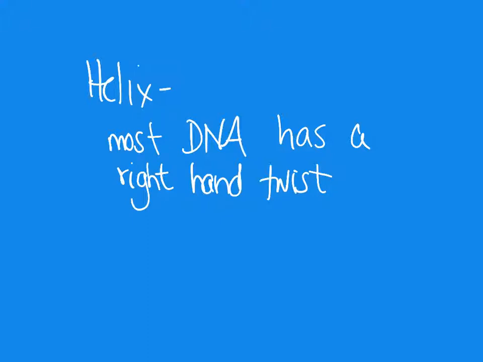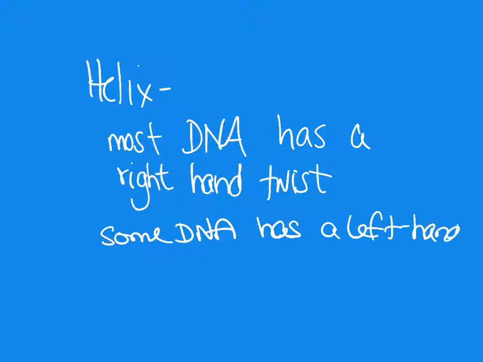And I'll show you what that means. So most DNA is going to have a right-hand twist. Some DNA has a left-hand twist. And we said we call that southpaw or Z-DNA.